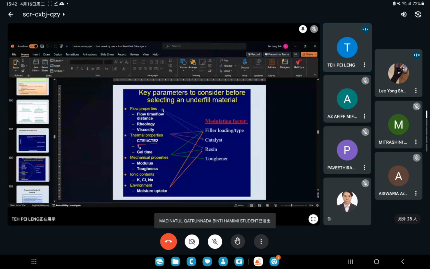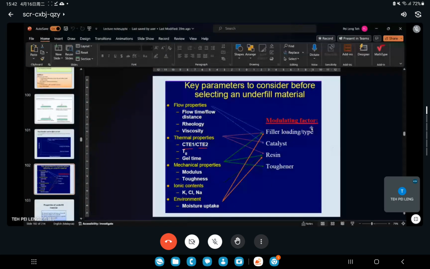Okay, so these are all the key parameters to consider. What does this mean? It means when you want to select a suitable underfill material, listen carefully. Let's say you are given two suppliers, right?